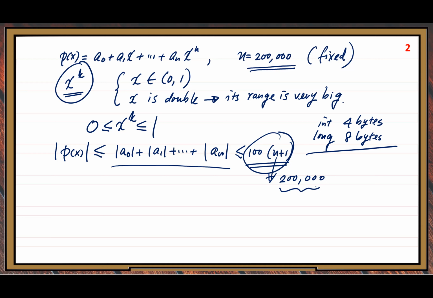So you can see we control the value of this polynomial, so there is no overflow to be worried about.